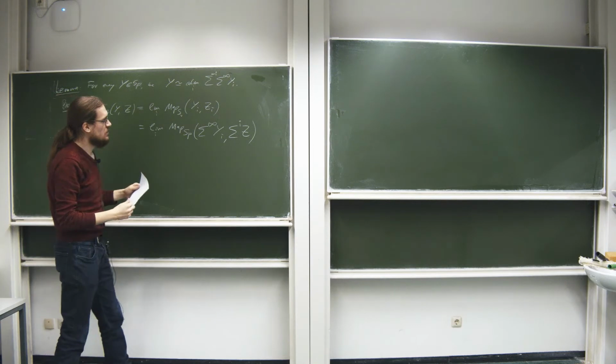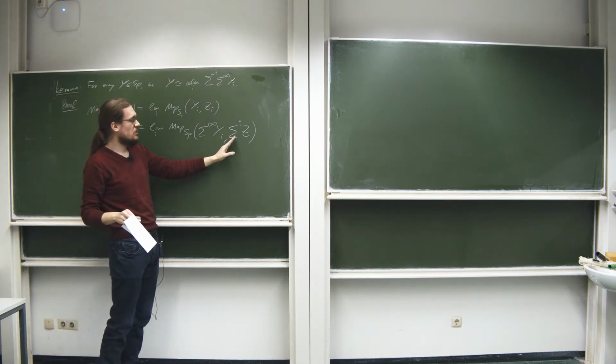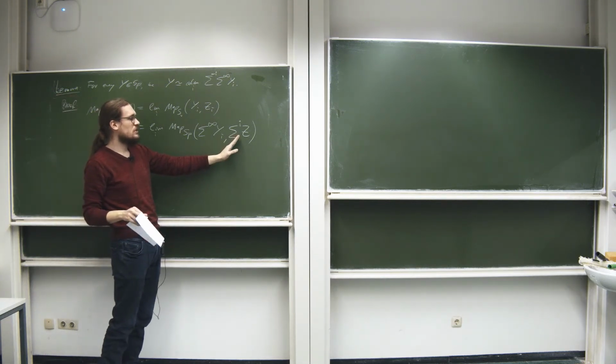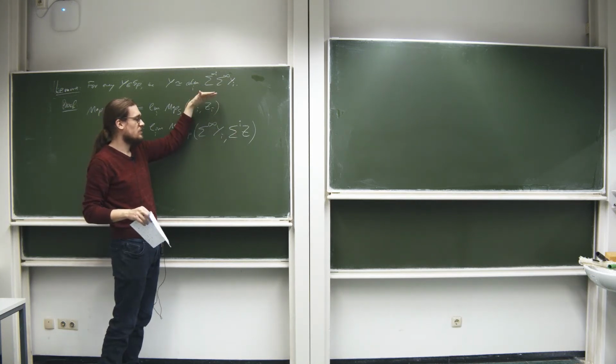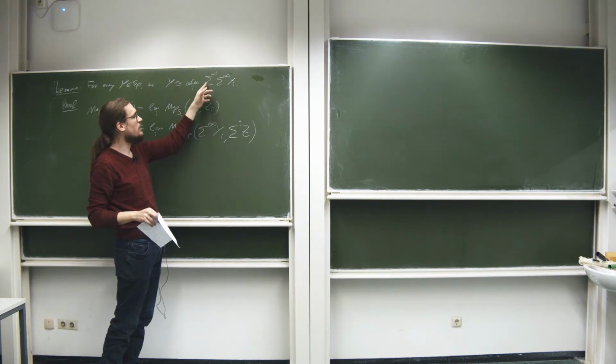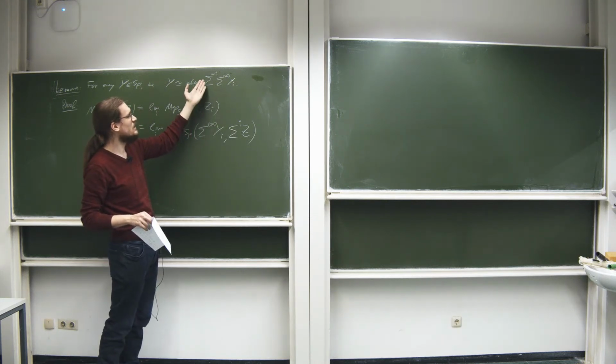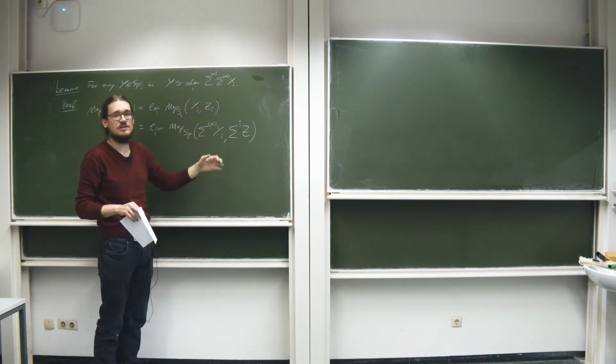And now, of course, since shifting is invertible, if I shift in the target, I'm going to get the same mapping space as if I shift everything back, right? So sigma minus I is an equivalence on this category.